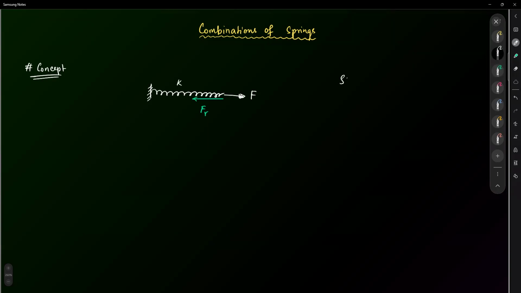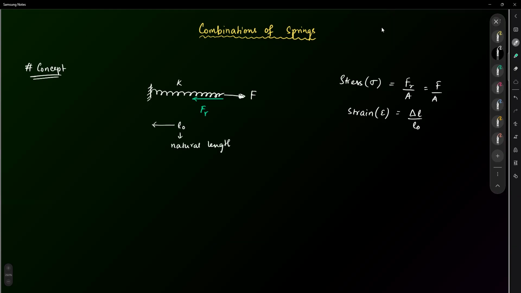Now, first of all, the stress acting here will be equal to Fr by A, which is also equal to F by A. Strain will be equal to del L by L naught, if the natural length is L naught and the elongation is del L. The elongation is del L, right?